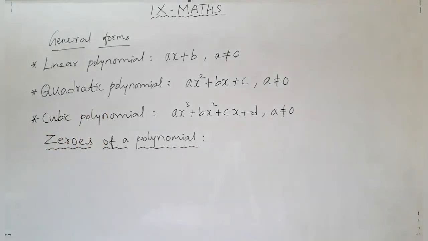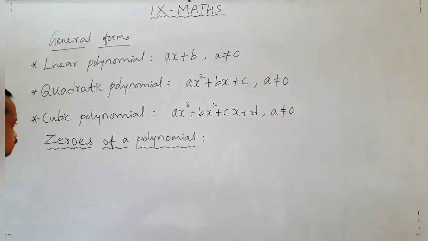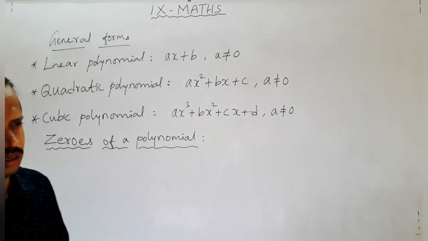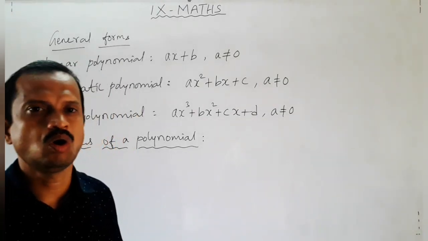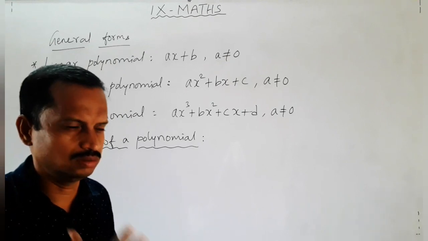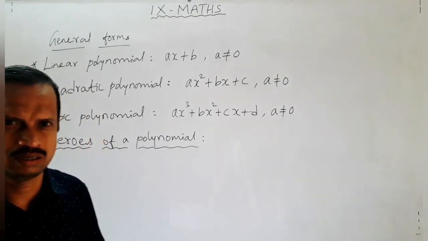Zeros of a polynomial means, in a polynomial, if the polynomial value becomes 0, then the number which makes the polynomial 0 is called a zero of the polynomial. I know it is somewhat difficult for you to understand. Now I will make it clear.